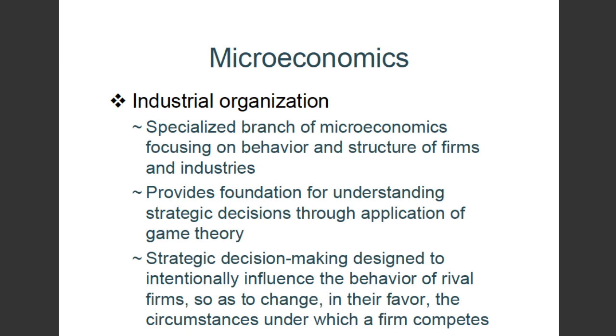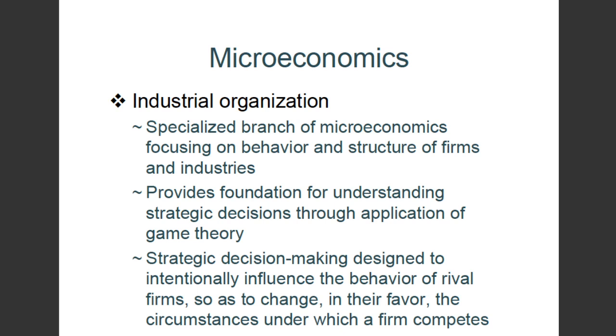In strategic decision making, the idea is not to accept the existing conditions of competition as fixed, but to attempt to shape or alter the circumstances under which firms compete with their rivals. So to have any influence on the circumstances, to create greater profits, in some cases to protect and sustain profits in the future.